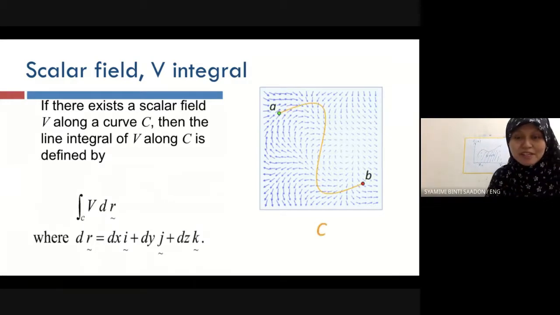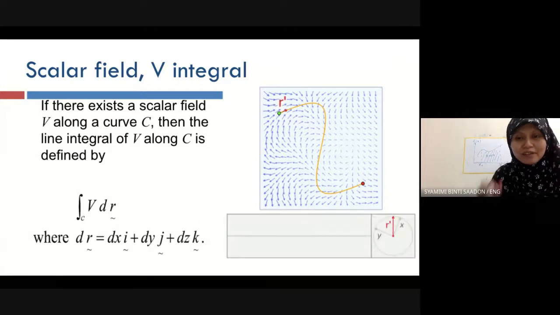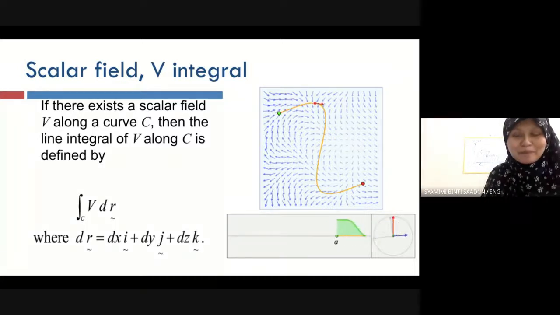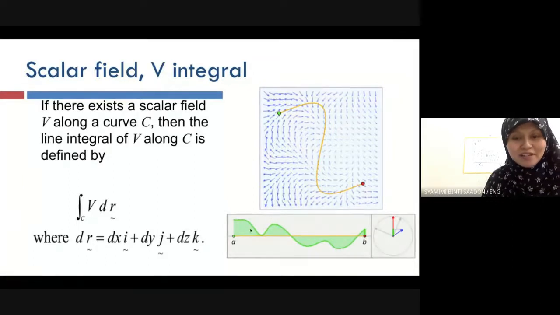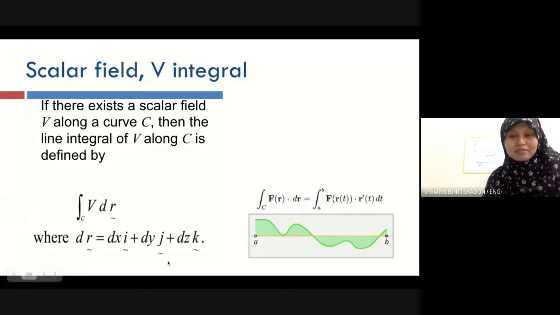You have curve C from A to B, and we want to integrate from A to B. So it means that we calculate the surface area of all of this from A to B along the curve.